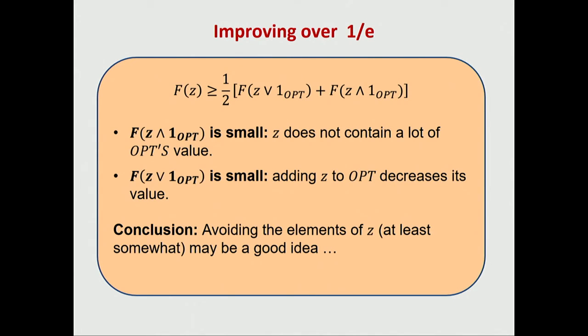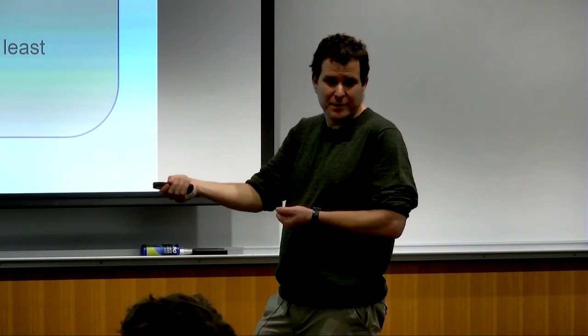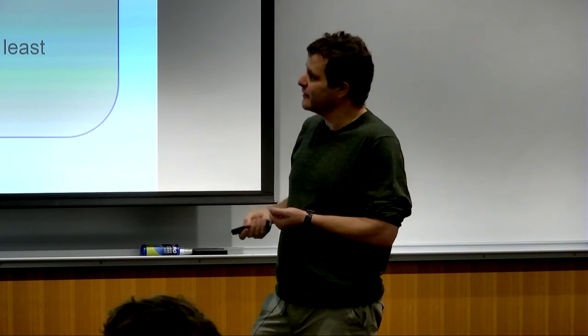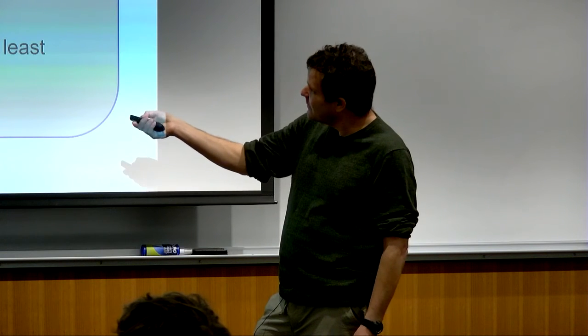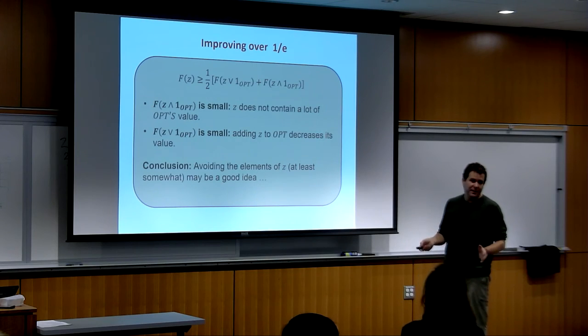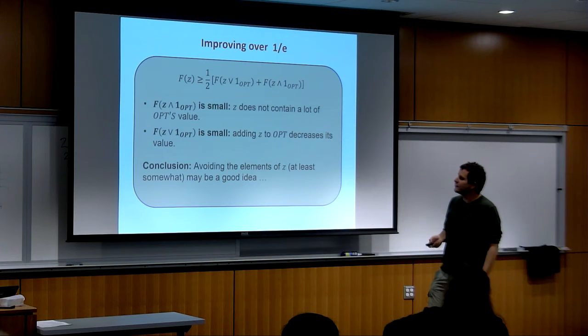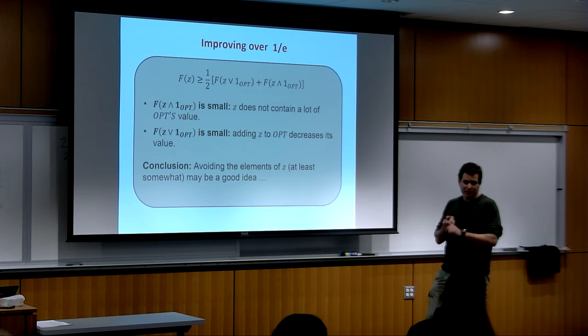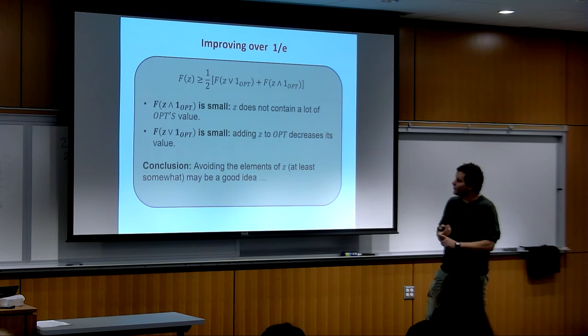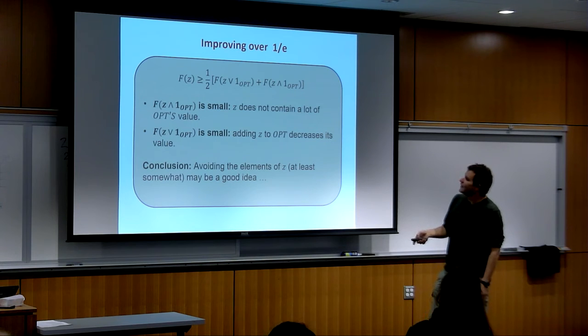And z union opt is small, meaning that adding z to opt decreases your value, so it hurts you. So the conclusion here is that you should really avoid the elements of z, at least at the beginning. If this value is small, elements of z are not good. They are not of the optimal solution, they don't contain a lot of value from the optimal solution, and they hurt the optimal solution. So here is the idea.